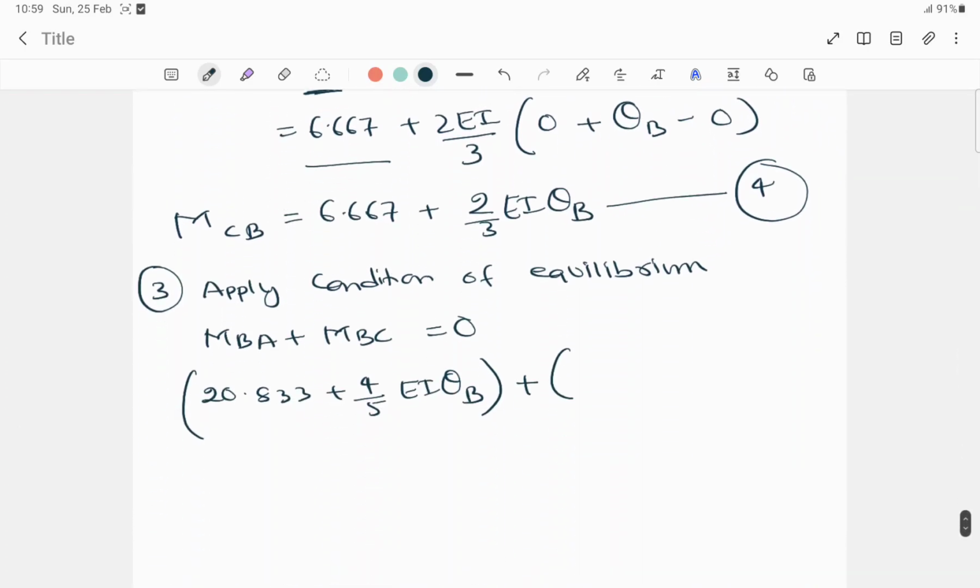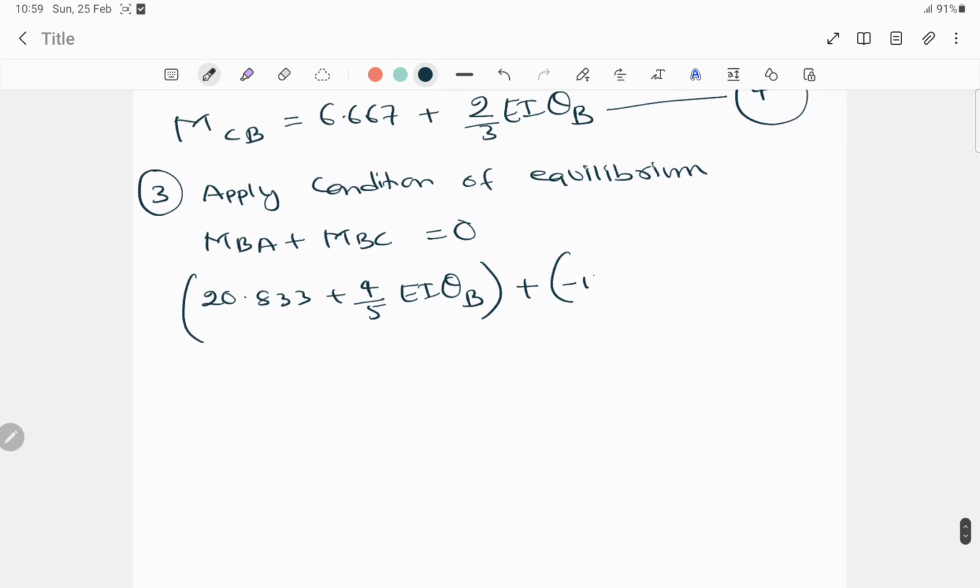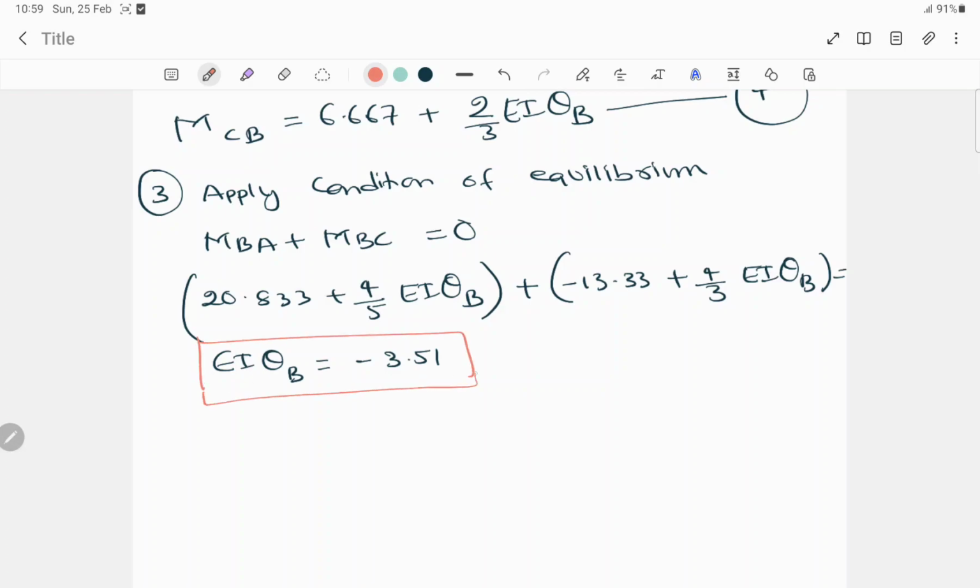So we have to write here minus 13.33 plus 4 by 3 EI theta B is equal to 0. Now we have to solve. After solving, we will get the value of EI theta B is equal to minus 3.51. Done. So now we have a value for EI theta B, that is minus 3.51.